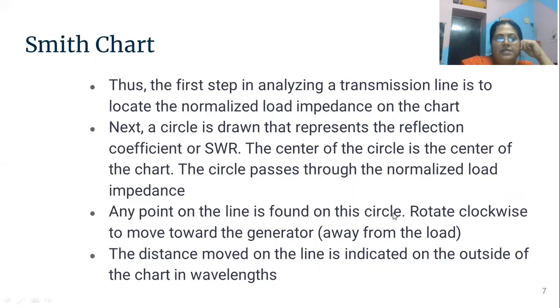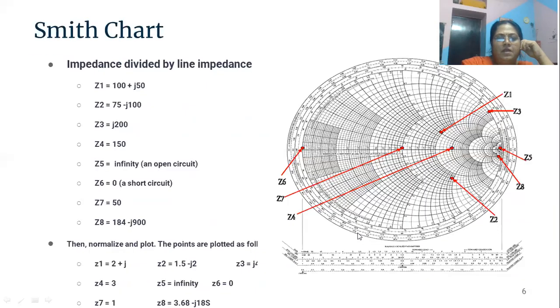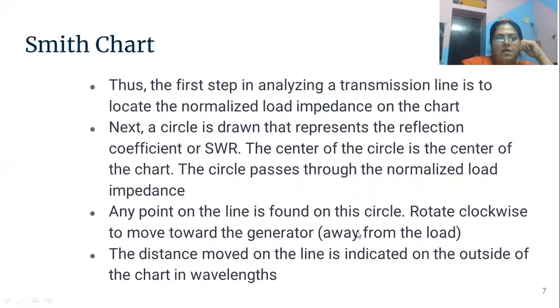Rotate clockwise to move towards the generator, away from the load. The distance moved on the line is indicated on the outside of the chart in wavelengths. In this way, we can analyze the transmission line on the Smith chart.